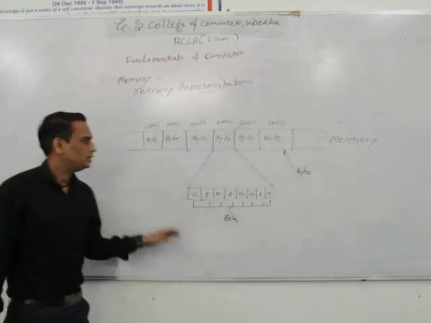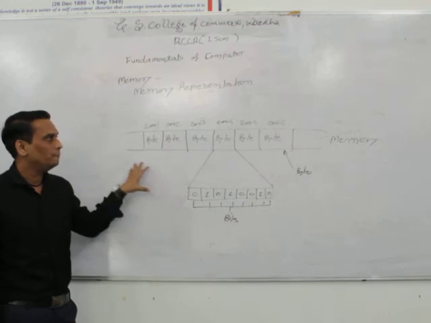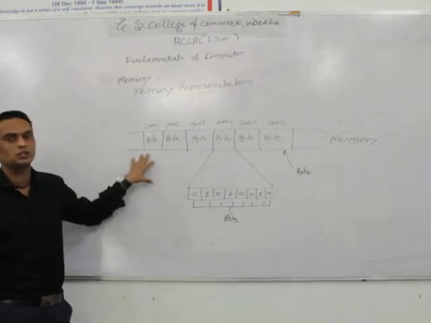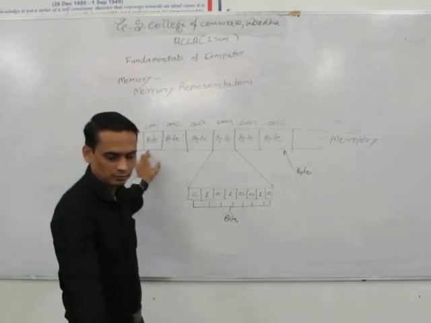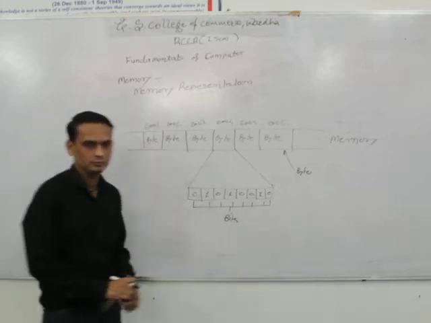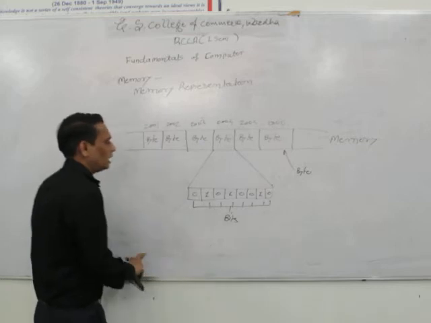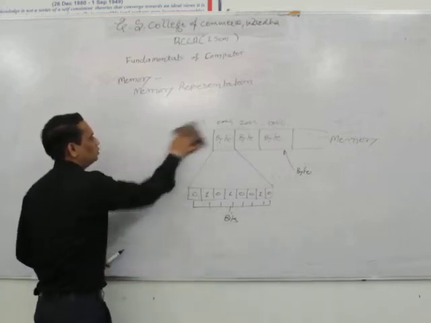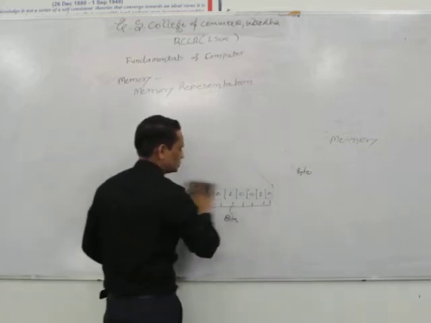So our data will be stored, or our memory will be available, in this format in our computer system. Likewise all the data will be stored in our computer system.